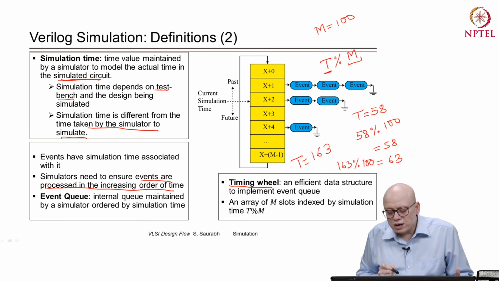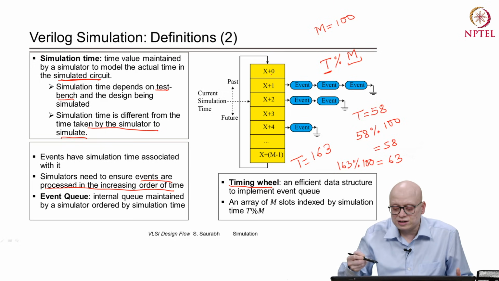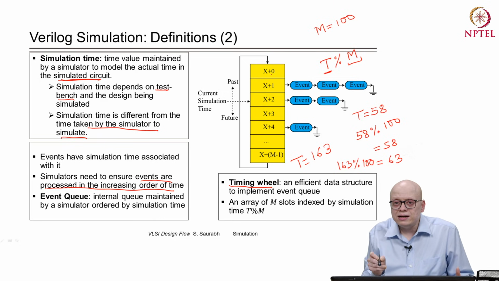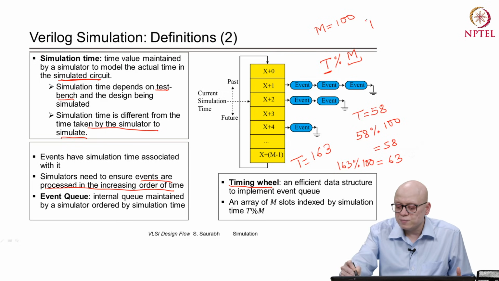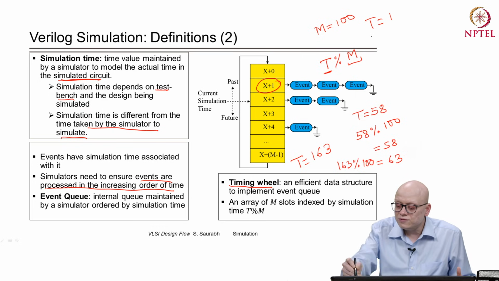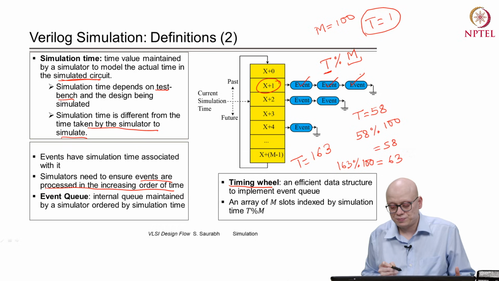So, for each simulation time there will be a defined slot on the timing wheel, and the events are appended on the corresponding time slot. For example, take a time instant of 1. It will map to this slot, and the events occurring at t equal to 1 will be appended at these locations.